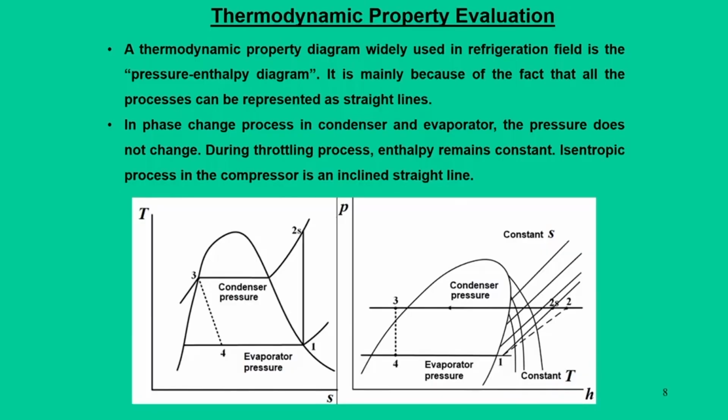In particular, the property values that are important to us are enthalpy and entropy, and of course condenser pressure or condenser temperature, and evaporator pressure and evaporator temperature.